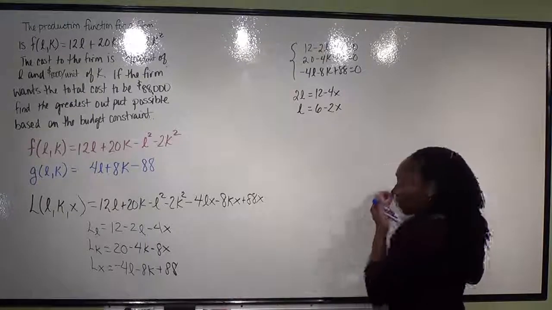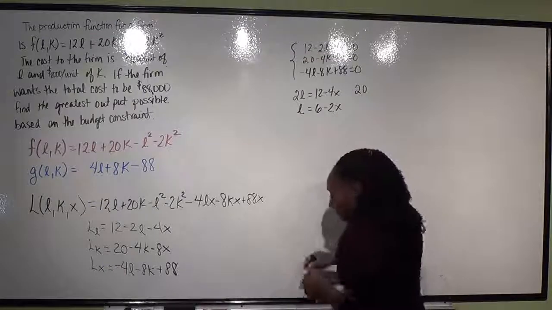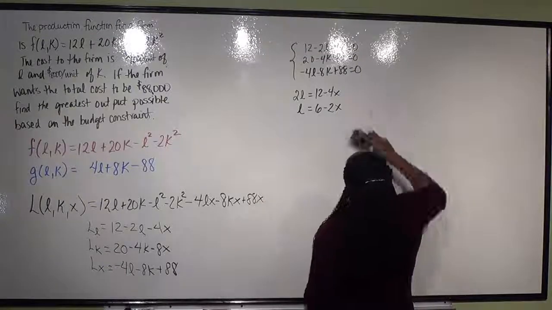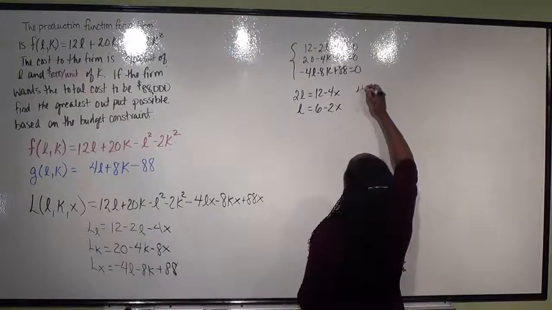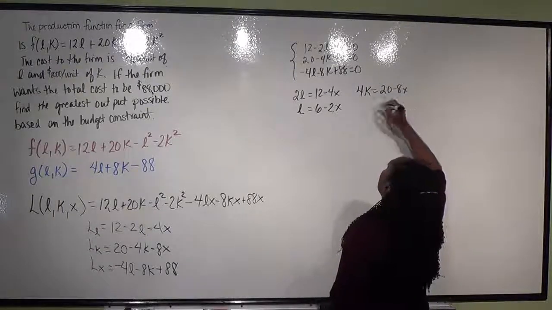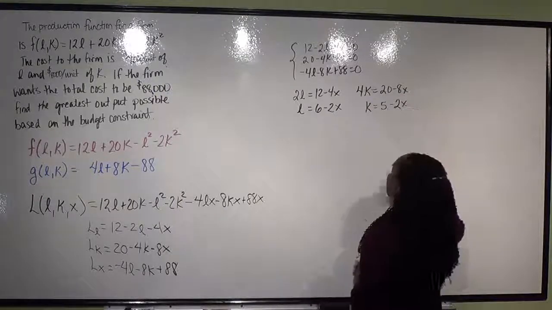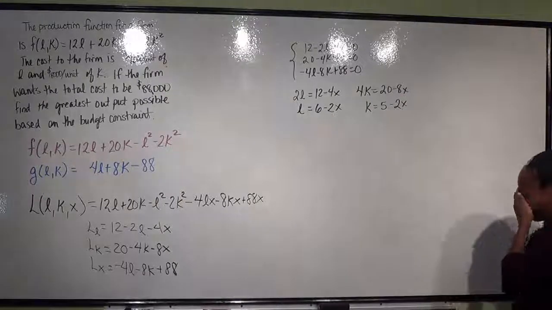And then I can do the same thing with the second equation. So if I solve for K, 4K will equal 20 minus 8 lambda, or K will equal 5 minus 2 lambda. Okay?